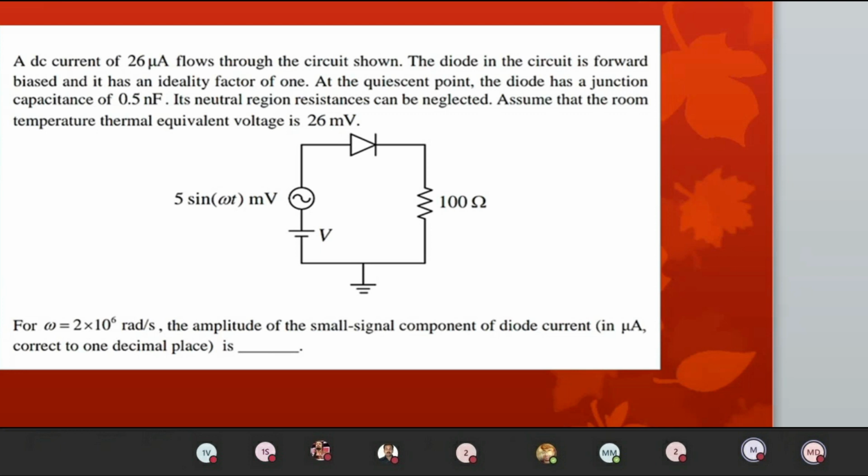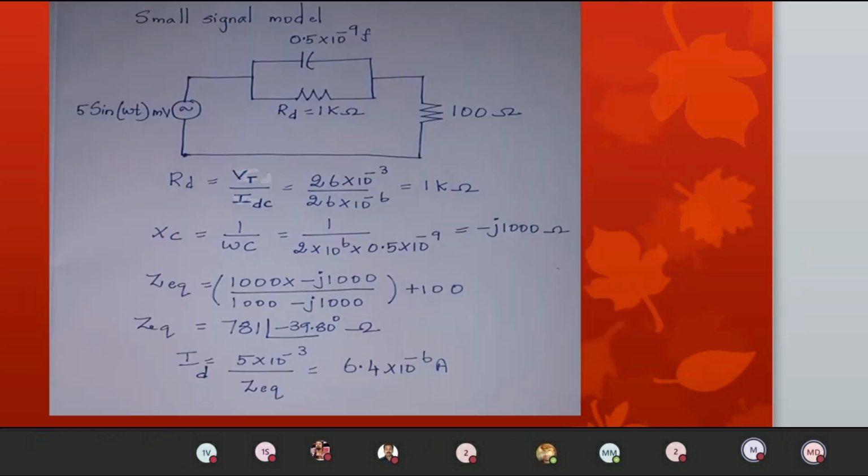You know that I is equal to V by R, so here R is equal to VT divided by IDC. Again omega is given as 2 into 10 power 6 radians. So the amplitude of the small signal diode current ID is nothing but input voltage divided by equivalent impedance. Even though it resembles a DC problem, the input voltage is actually AC. Take that into picture.